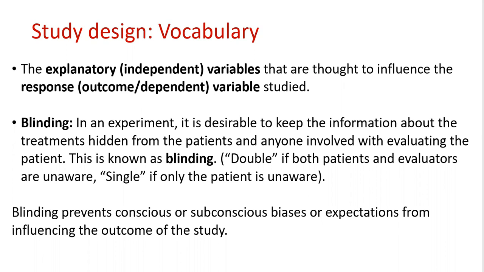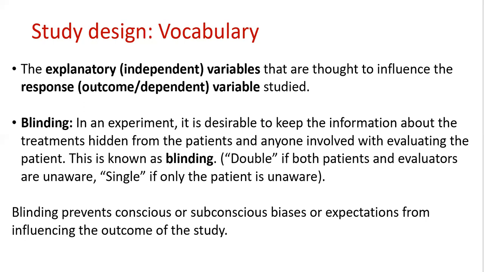Then another term is blinding. Blinding in an experiment is desirable to keep the information about the treatment hidden from the patients and anyone involved with evaluating the patient. Because again, to avoid the placebo effect.